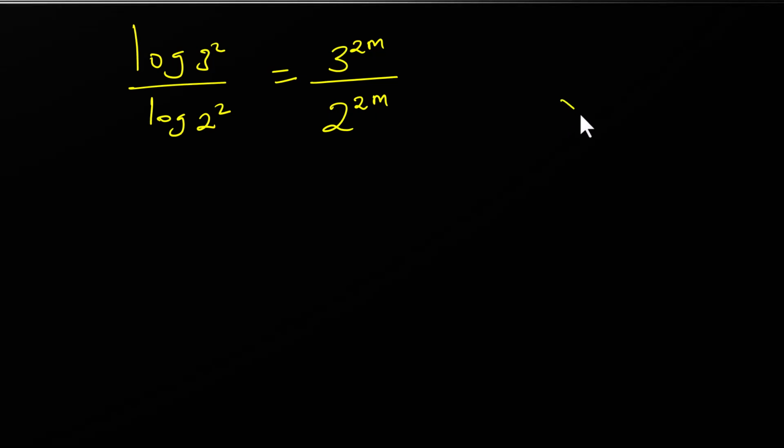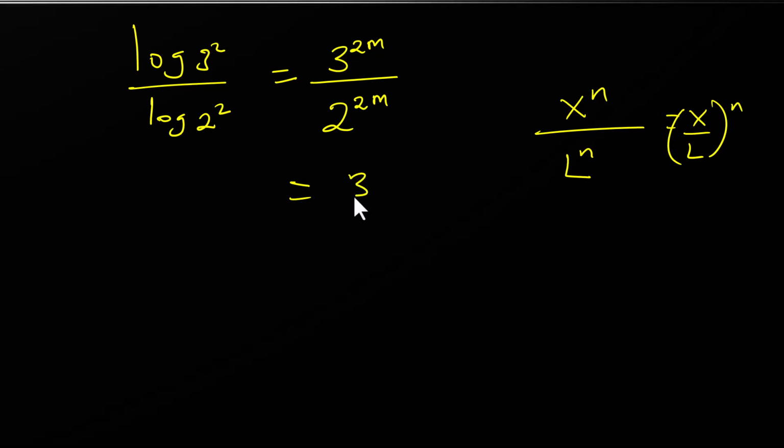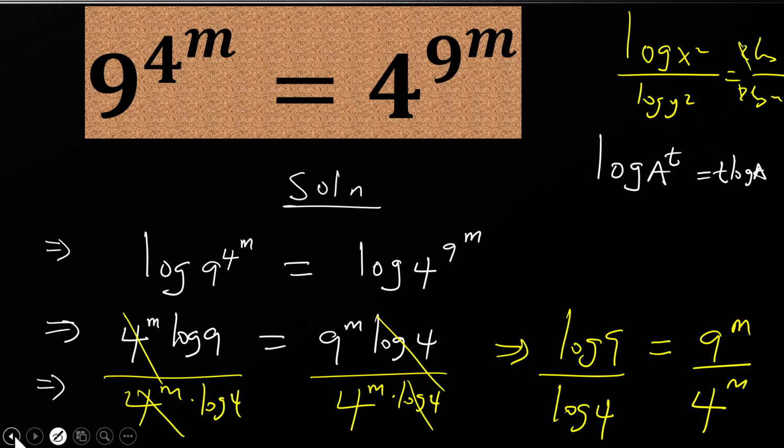Now, when we have x to the power n over l to the power n, it is the same as x on l all to the power n. So my right hand side is the same as 3 on 2 all raised to 2m.